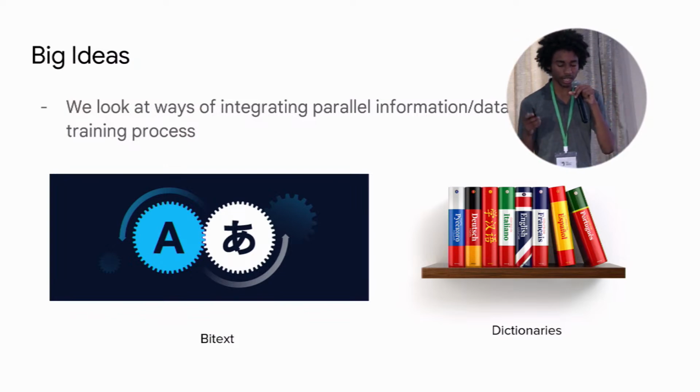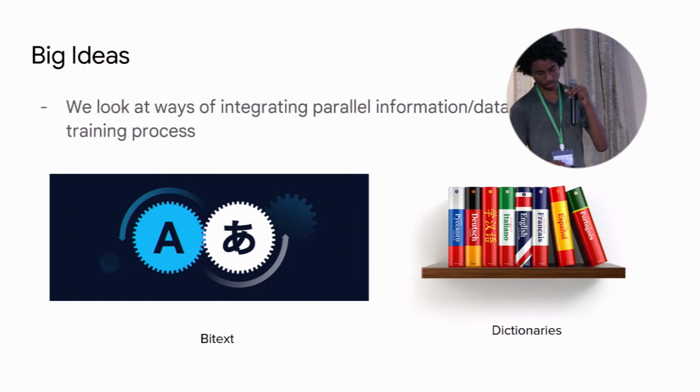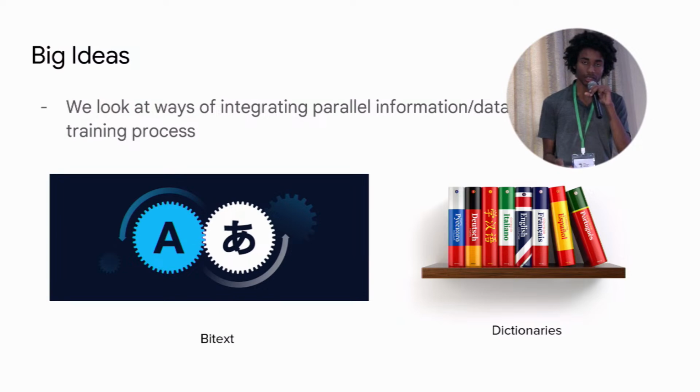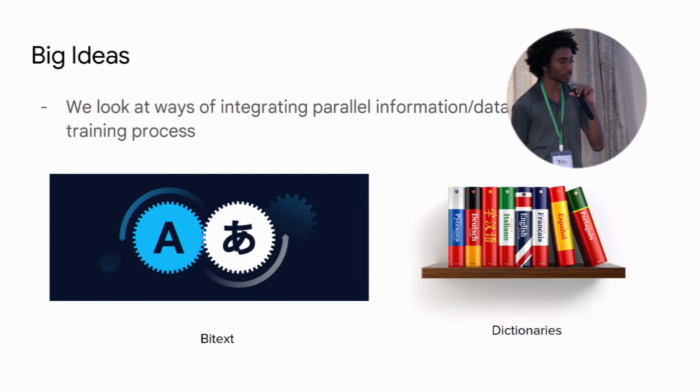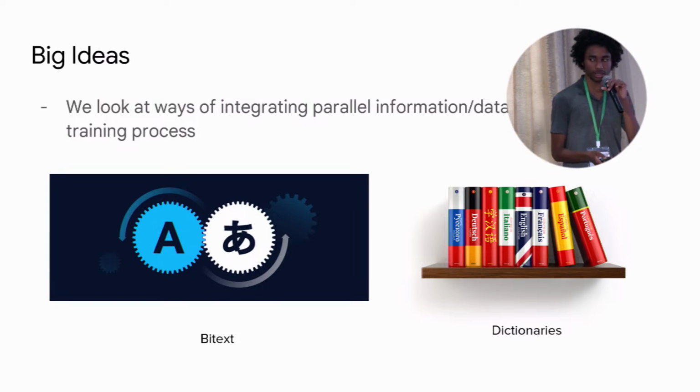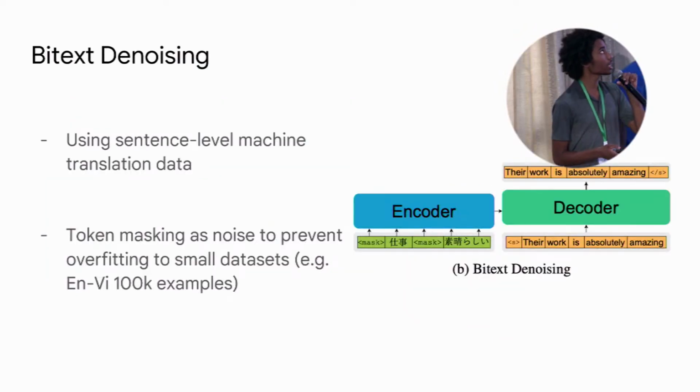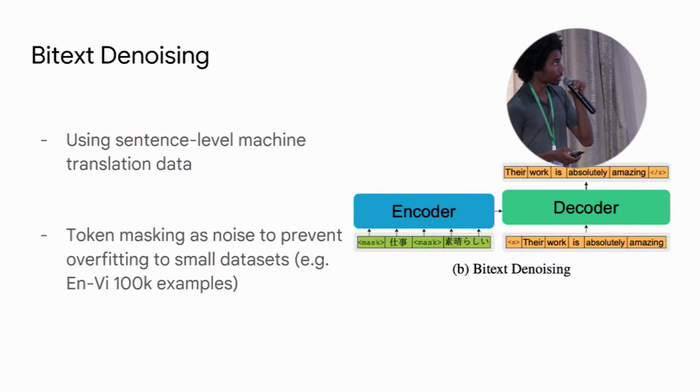We have a lot more parallel signal in a lot of low-resource languages relative to monolingual signal, because a lot of the digitized text that's produced in these languages is usually for translation. So can we integrate bitext, and can we introduce the dictionaries that were introduced earlier for improvements on cross-lingual modeling performance?